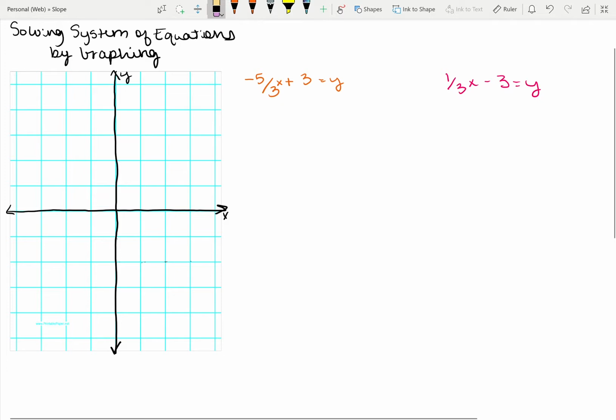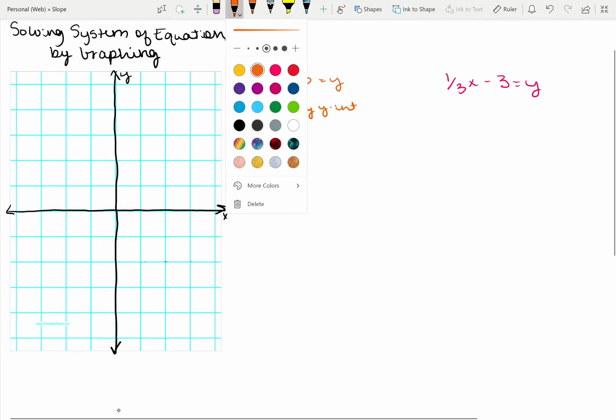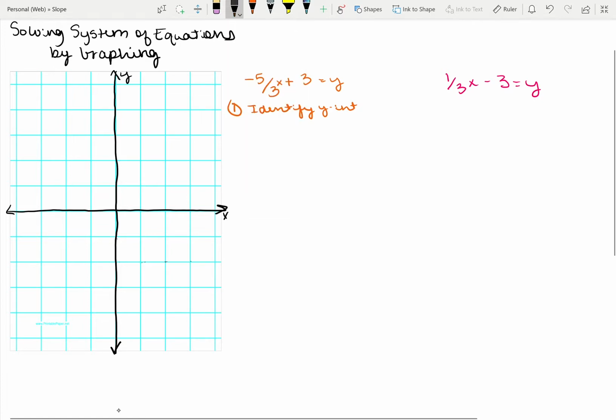So let's dive right into the first problem, which is in orange. We're going to write some steps as we go along as well. Step number 1, identify y-intercept. Okay, so we know that your y-intercept is here.